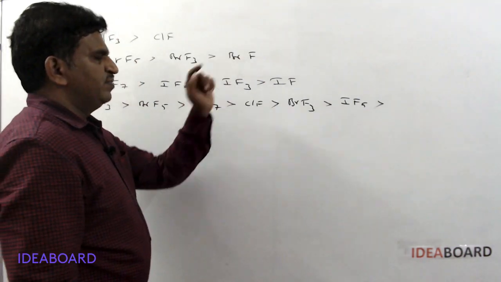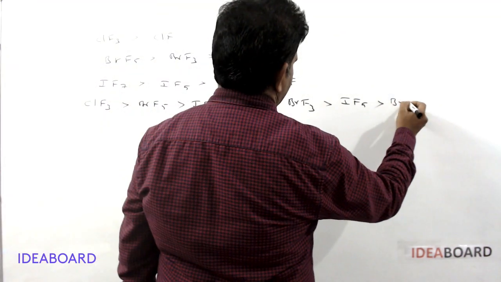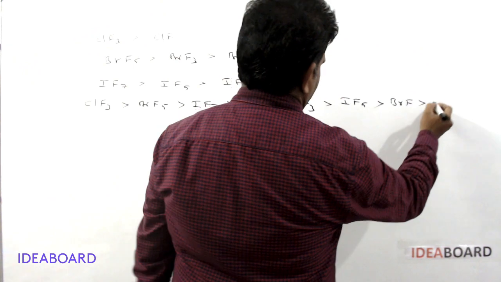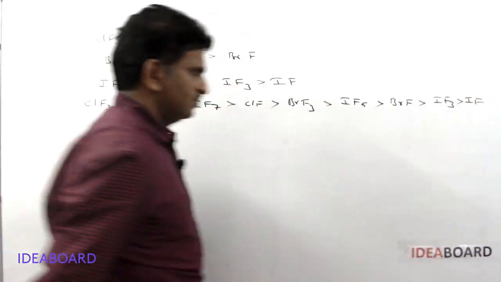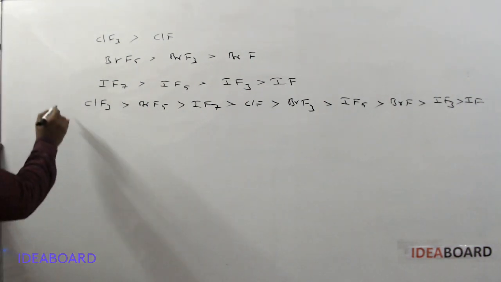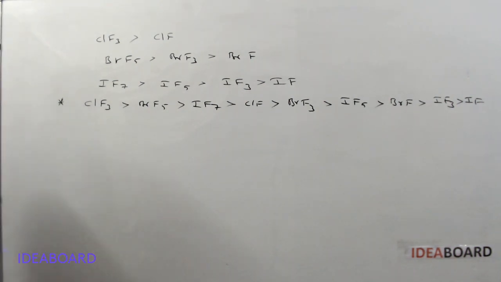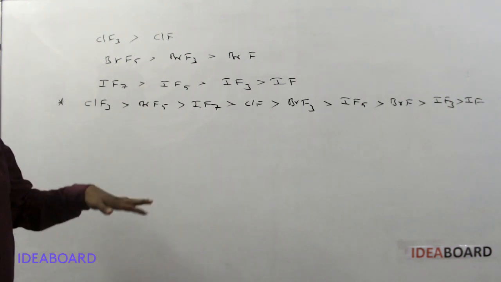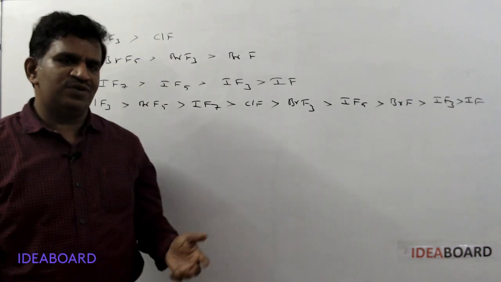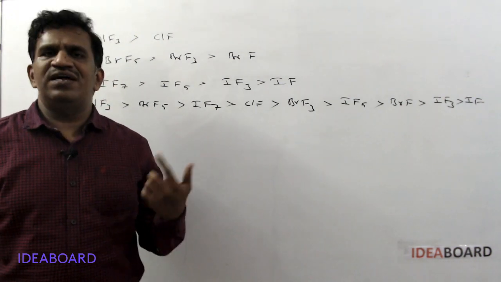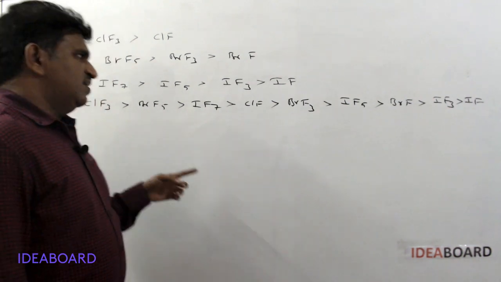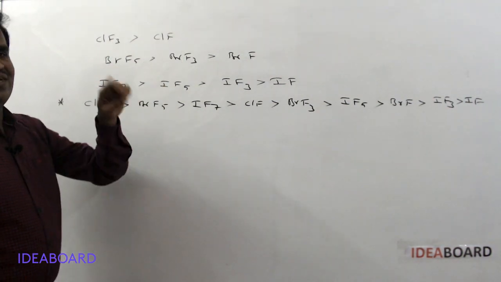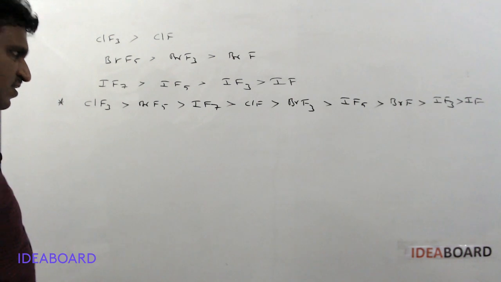Next, BrF is more reactive than IF3, which is more reactive than IF. So this is the reactivity order of different interhalogen compounds. When the n value is the same, chlorine halides are more reactive than bromine halides, and bromine halides are more reactive than iodine halides. But if the n value is different, then the higher the n value, the higher the reactivity. Okay.